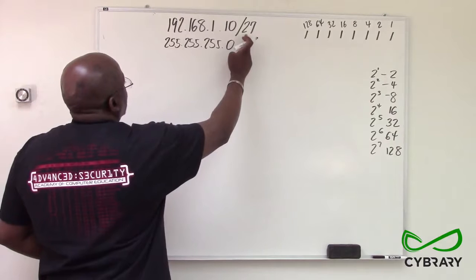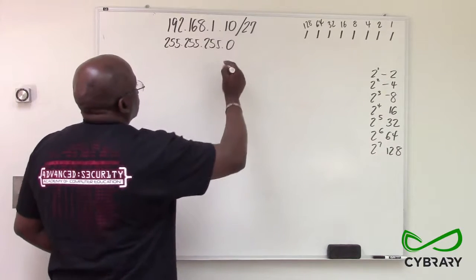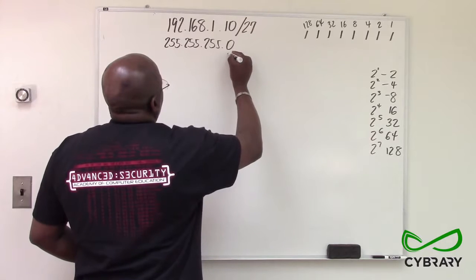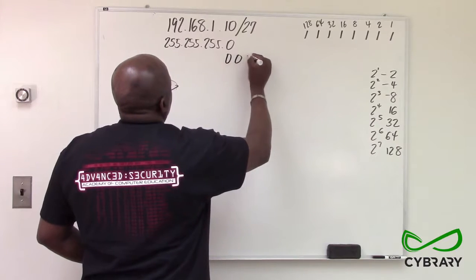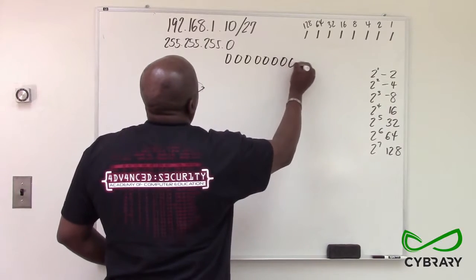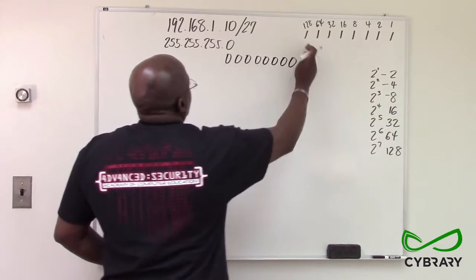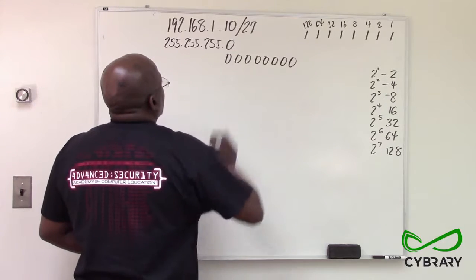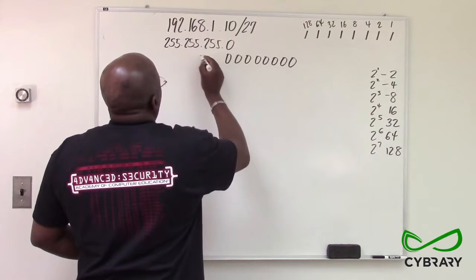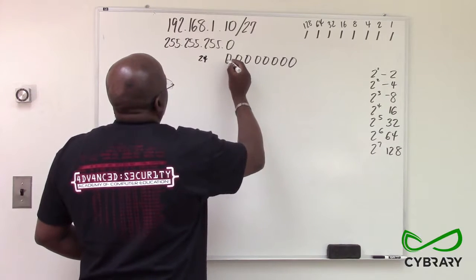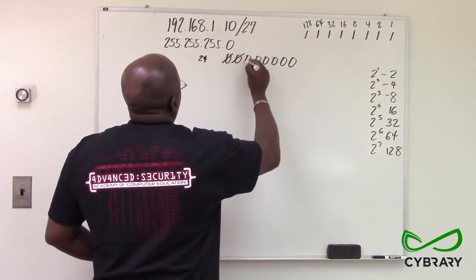But we're going to 27. So what do we do? We say this can be 1, 2, 3, 4, 5, 6, 7, 8, representing the 8 bits we have in an octet. We used up 24. We're going to 27. We need to borrow 3 bits. 1, 2, 3.